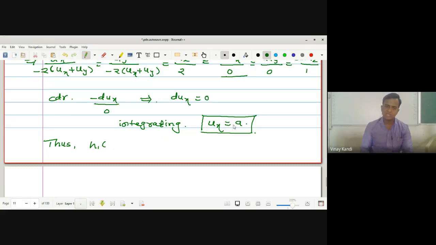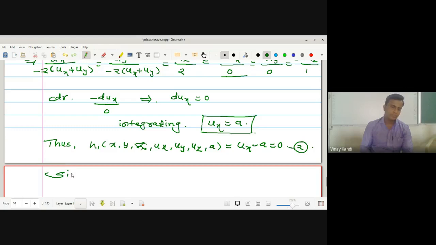So this is h1 of x, y, z, ux, uy, uz, and a, which is equal to ux minus a equals 0. This is equation number 2.